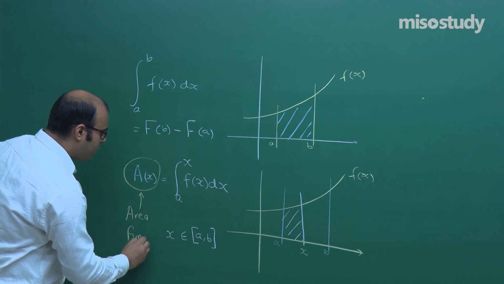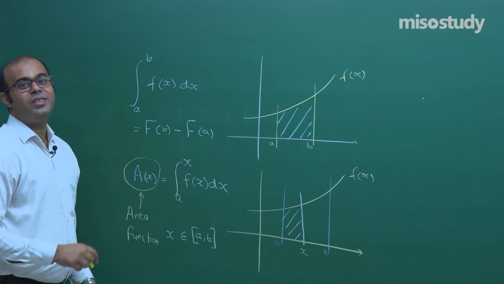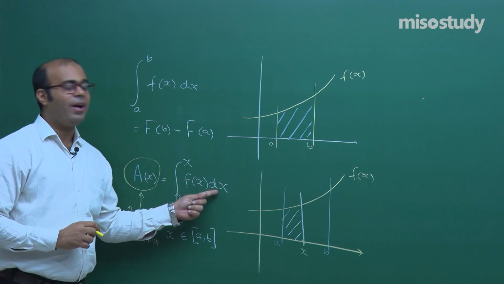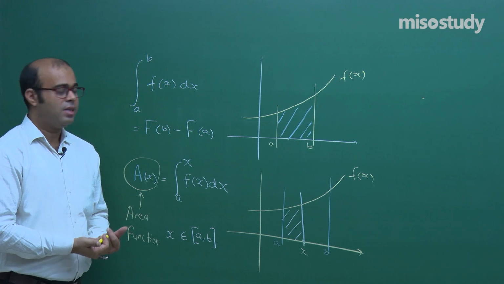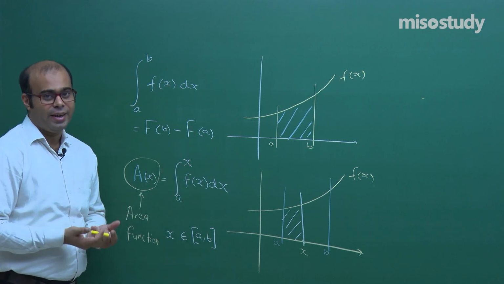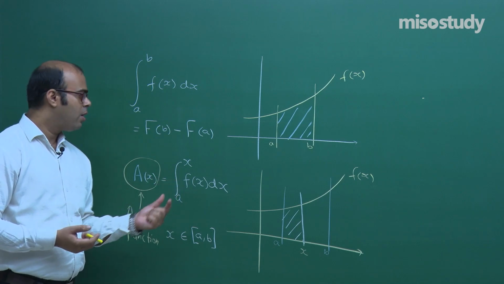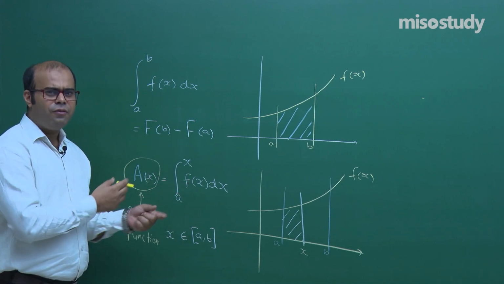The important point is that this x should not be confused with this x. These two x are different. This x is the variable of integration, which has no role in the final answer, but this x will come in the final answer because the area function is a function of it. Writing it like this is a little confusing.